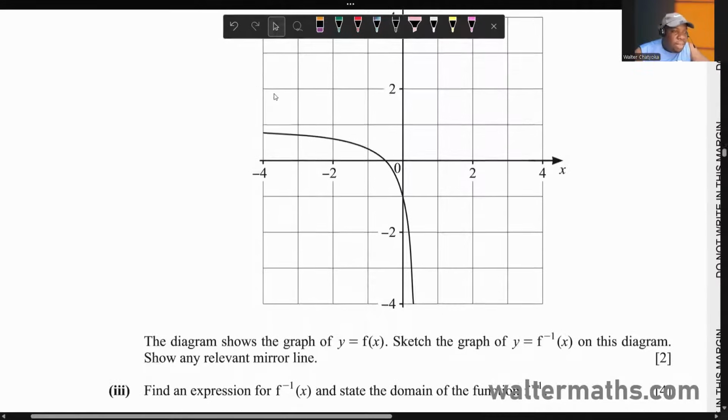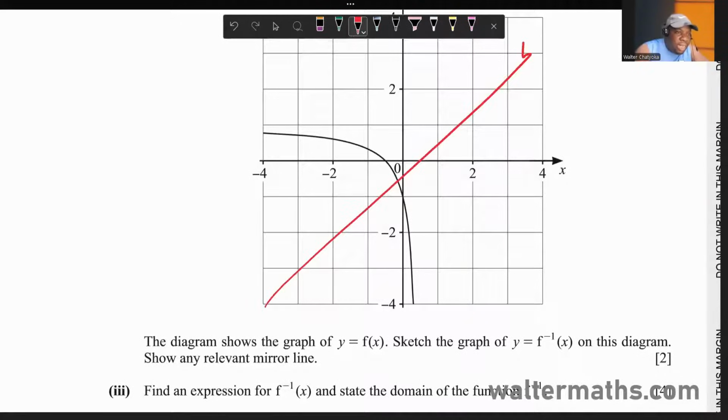Part 2 says, the diagram shows the graph of y equal to f of x. Sketch the graph of y equal to f inverse of x on this diagram and show a relevant mirror line. The graph of an inverse function is a reflection of the original graph in the line y equals x, which is the line I'm attempting to draw now.